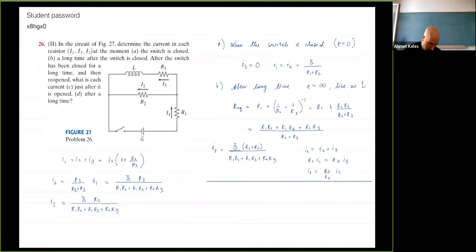Okay, so just after it is open, I can kind of see I1 is going to be equal to 0, right? And now the current is going to be flowing through here, and L is going to behave as if it is like a battery.